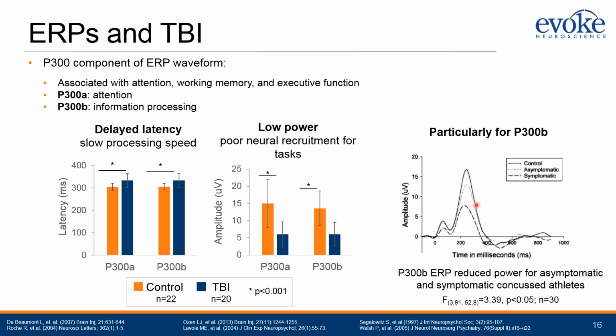Our asymptomatic group has a bit of a reduced power, significantly different from our controls, and our symptomatic group has an even further reduced power. So this graph is showing that our P300B power is important to look at for both asymptomatic and symptomatic concussed athletes, and that both of those groups differ from controls.